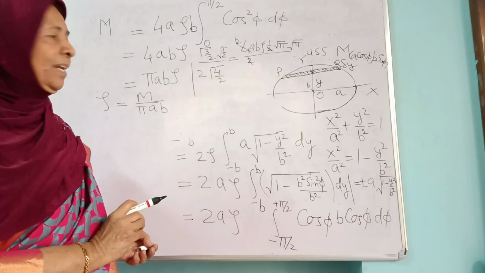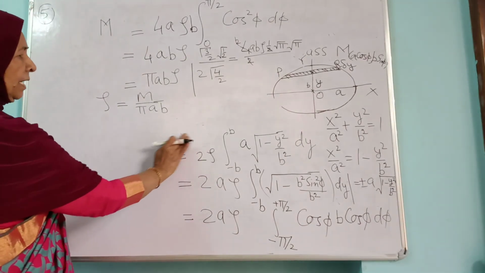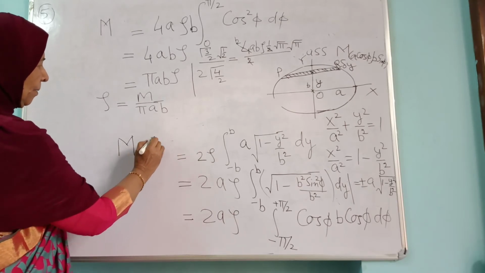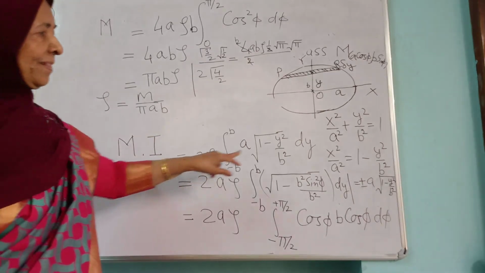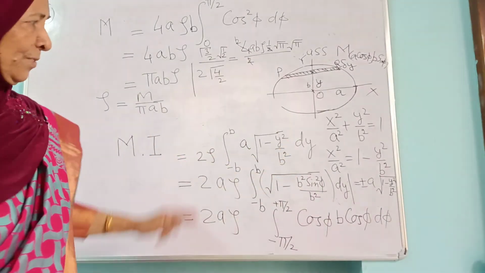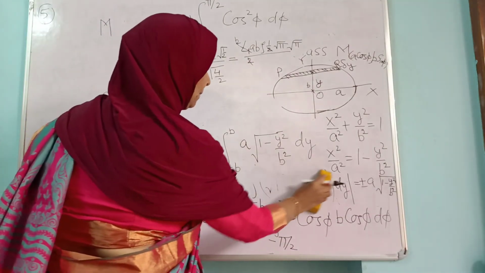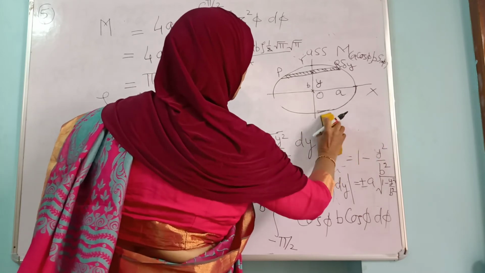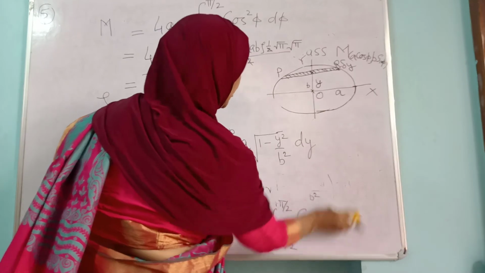Okay. Now the last part, that is moment of inertia. Moment of inertia will be this much, that is for mass, multiplied by the perpendicular distance square. So what is the perpendicular distance square here?